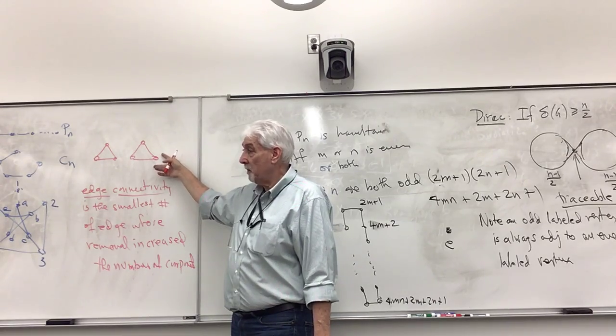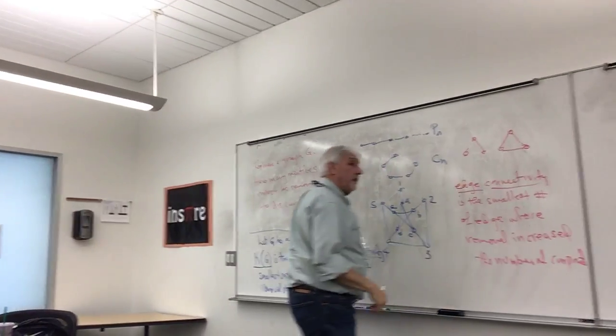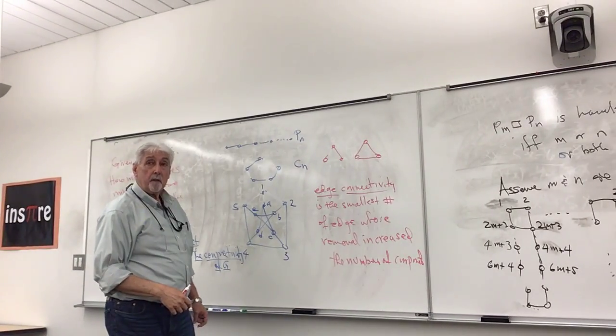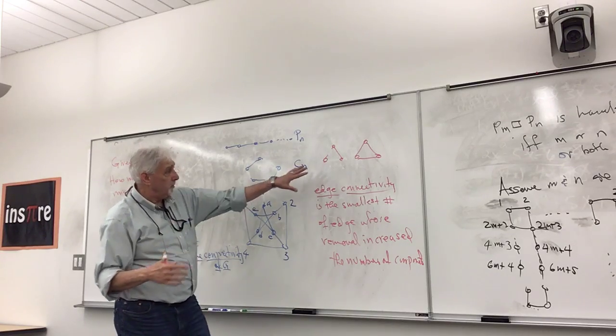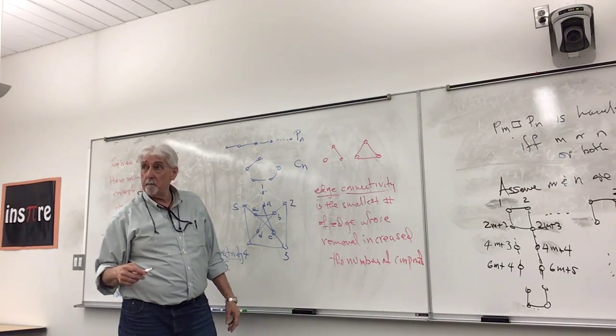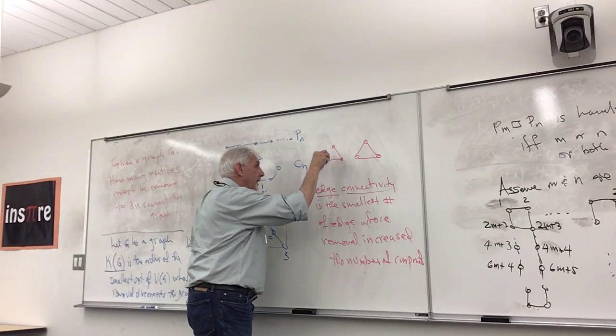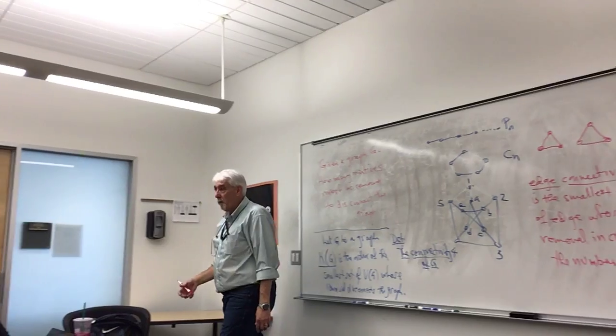Did I not say edges? 2. 2 edges. So if I remove 2 edges, okay, by the way, can I remove vertices? Okay, one more time. When I remove these two edges, the number of components goes up. Let me put those edges back in and ask, can you remove vertices so that the number of components goes up?